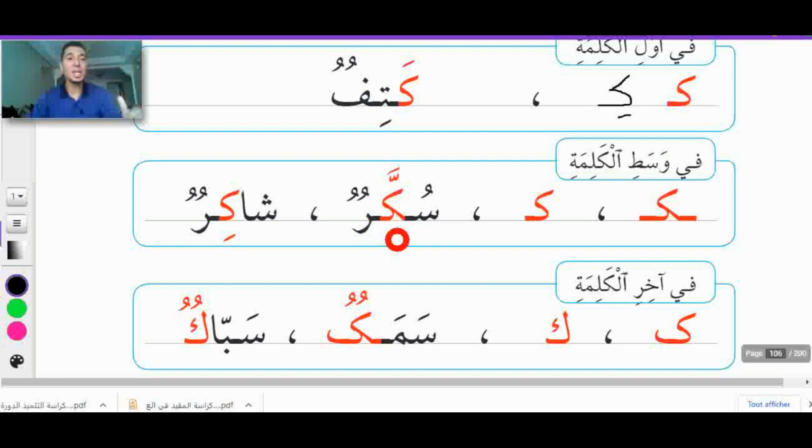I think they have the same roots in English and in Arabic as well. سكر and sugar, they are a little bit the same, the same sound. شاكر, grateful. Someone who is شاكر to somebody else has been grateful to somebody else. أنا شاكر لكم.